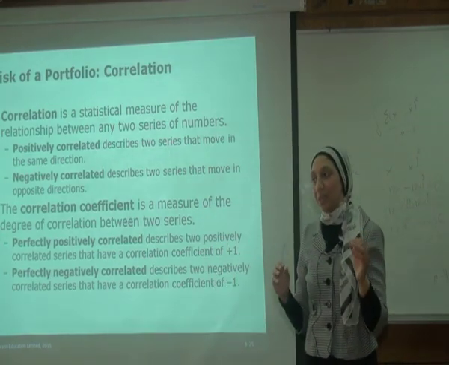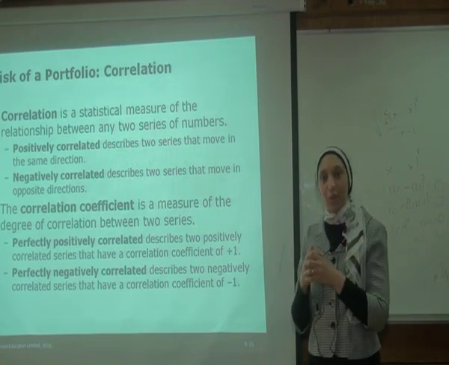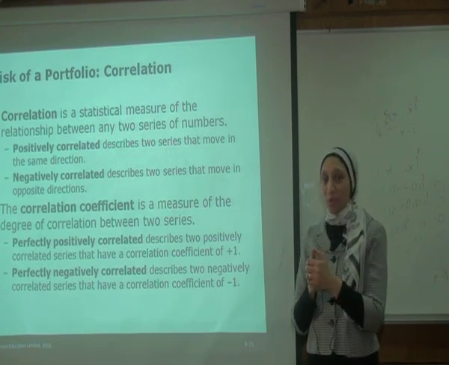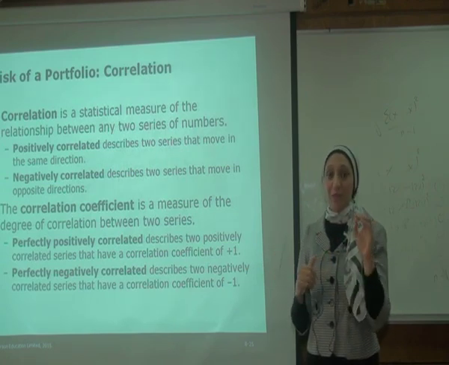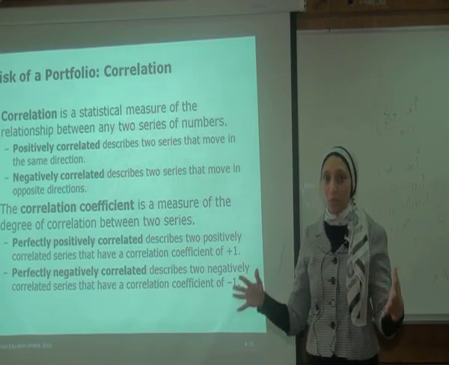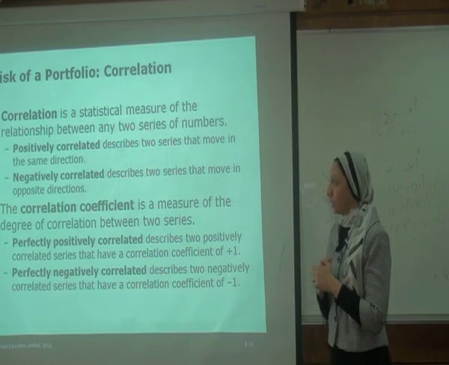If they know that those stocks will most probably go up and have a positive growth, it's possible at that time to put your money in positively correlated stocks. But this is very risky, as we mentioned, because if one of them falls, the other will fall. You will lose the capital you invested in the stock market.